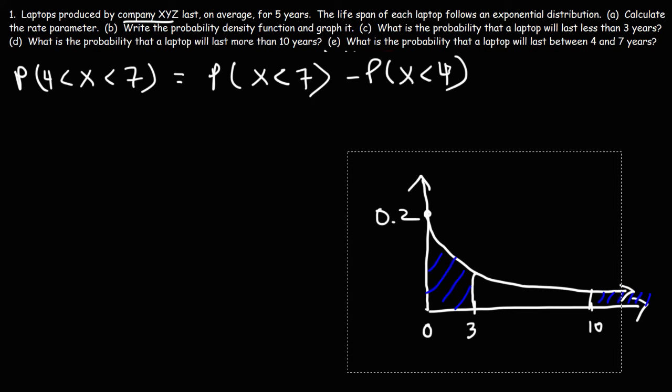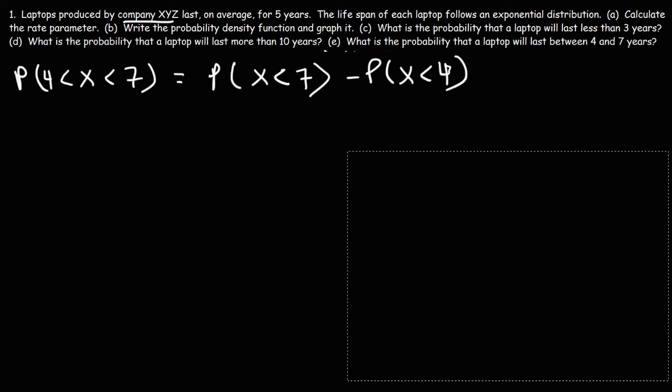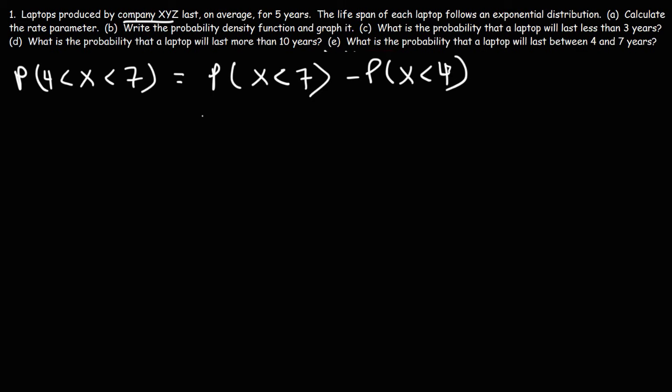So let's get rid of this picture. If you want to visually see it, the probability that X is less than 7, let's say this is 7 right here, would be the area to the left of 7.